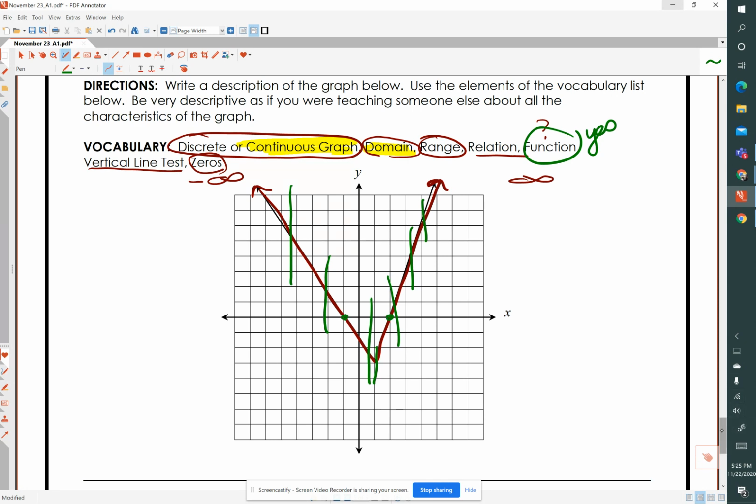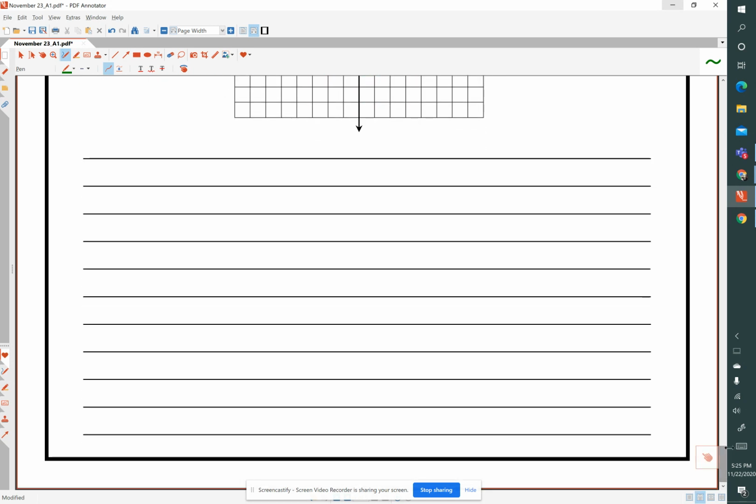So let's put all this together in our description. So the graph is continuous because it has a connected line.